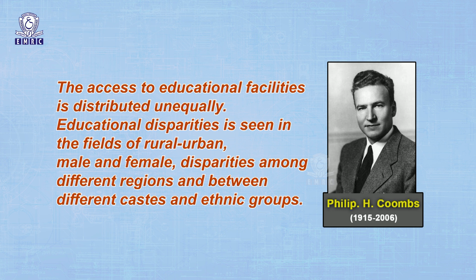Educational disparities is seen in the fields of rural, urban, male and female, disparities among different regions and between different castes and ethnic groups. The rural people have poor access to education facilities, particularly to secondary and post-secondary education.